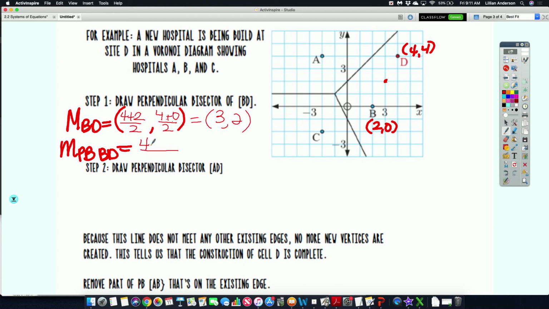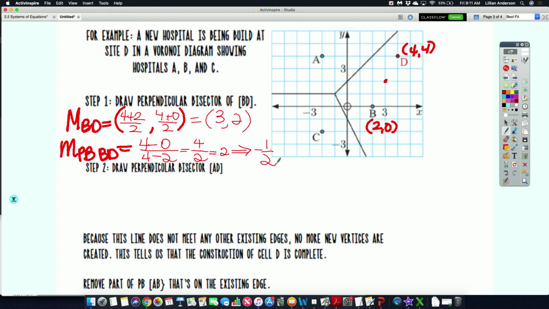So that's 4 minus 0 over 4 minus 2. That becomes 4 over 2, and that represents BD. But the slope I want is the perpendicular slope, which is going to be negative 1/2.